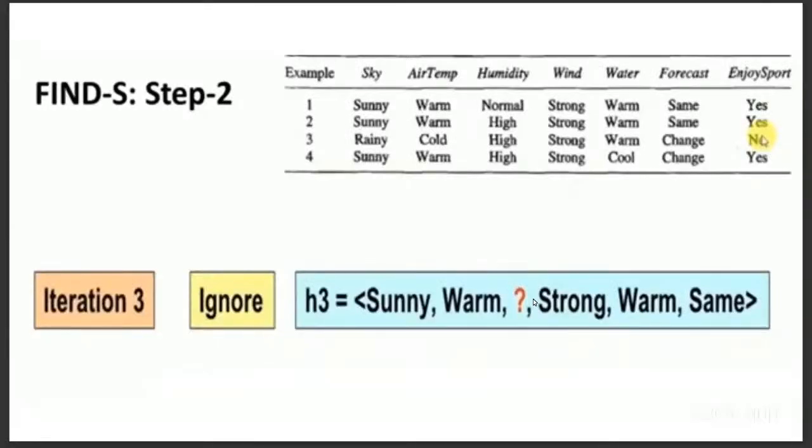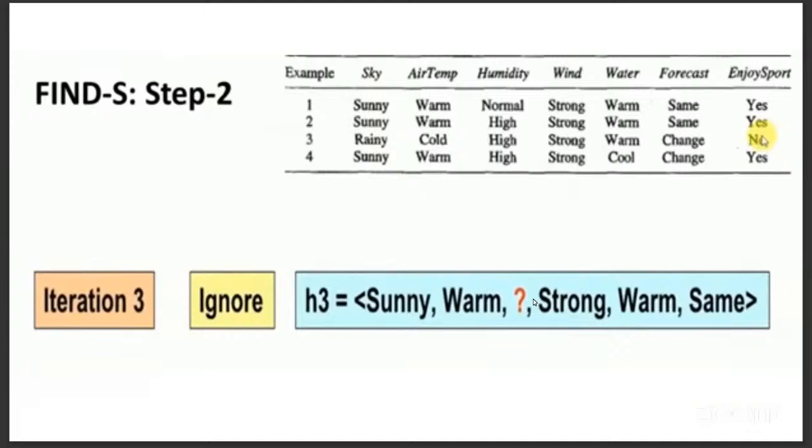Now H3 we ignore. Why? Because row 3 is in the negative field. What is the value of row 3? Yes or no? No. So we'll see only positive values, positive outputs only.